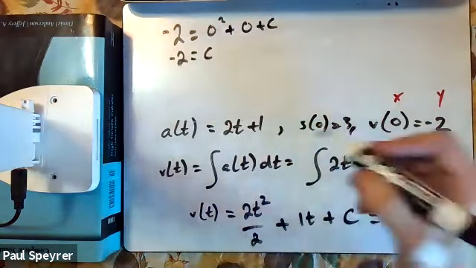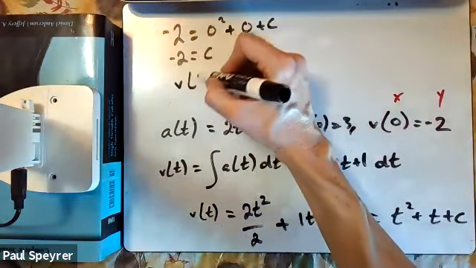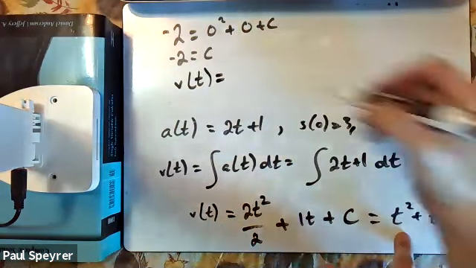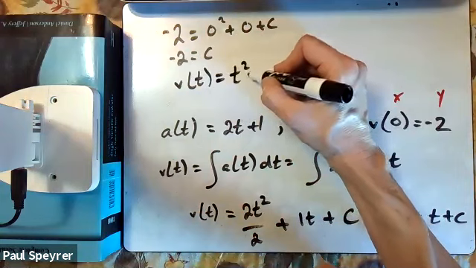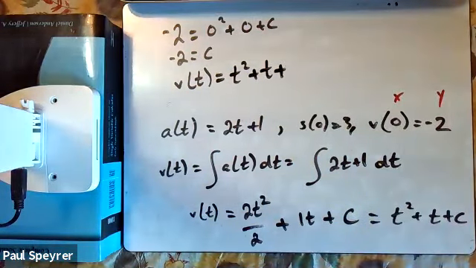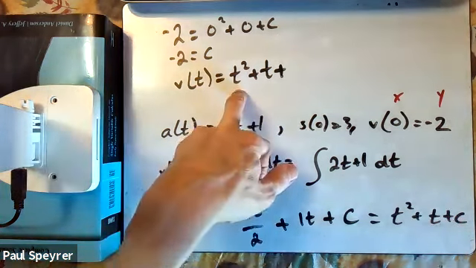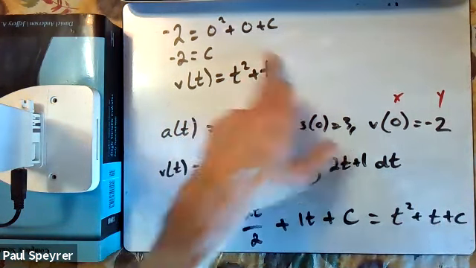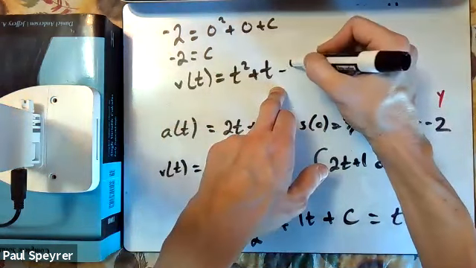So now we have our general velocity equation: t squared plus t, and then c is negative 2, so we're going to have minus 2.